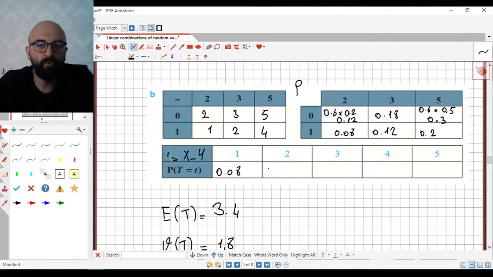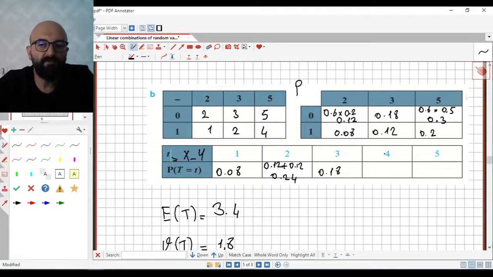So the 2 minus 0 probability is 0.12. The 3 minus 1 probability is 0.12, and we should add, and we can get 0.24. And for the probability of 3, we can get 3 minus 0, so it means 0.18.